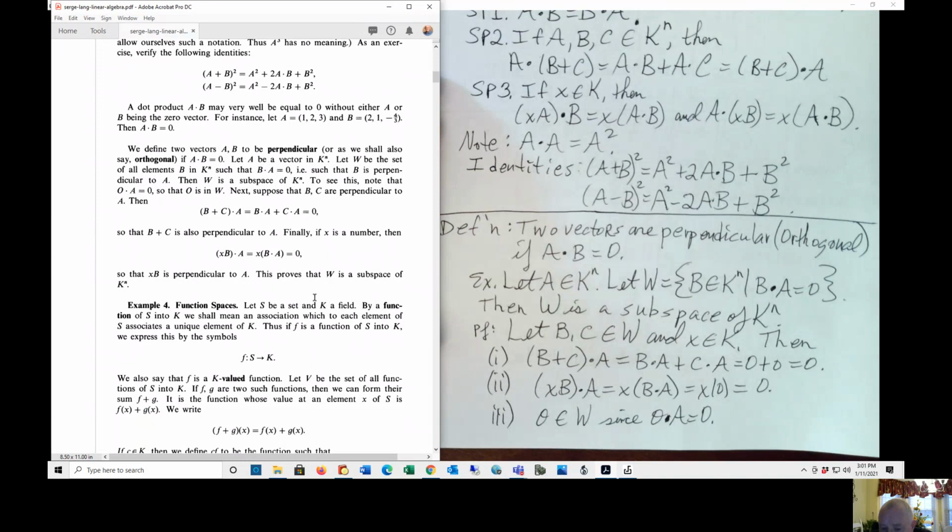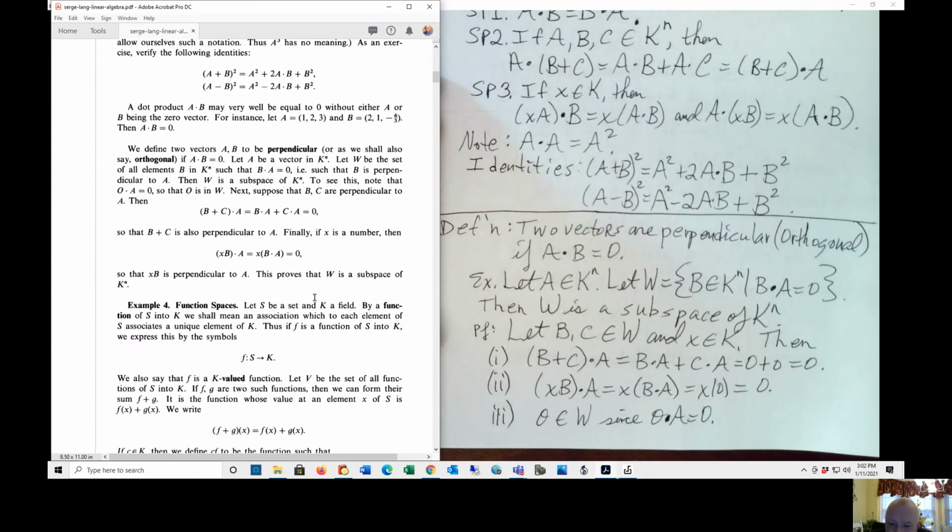(B plus C) dot A, which we know is distributive, is B dot A plus C dot A, which is 0 plus 0, because B and C are both in W. That's what it means to be in W. Its dot product with A is 0. And 0 plus 0 is equal to 0. So that means that the sum B plus C is in W.